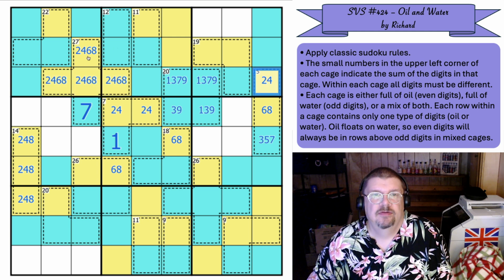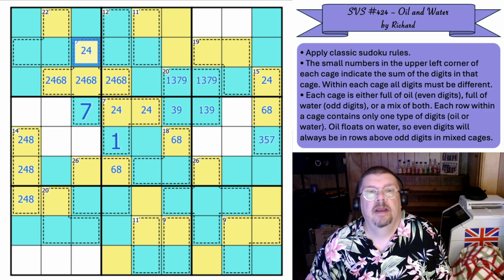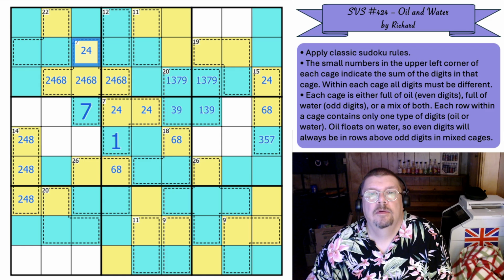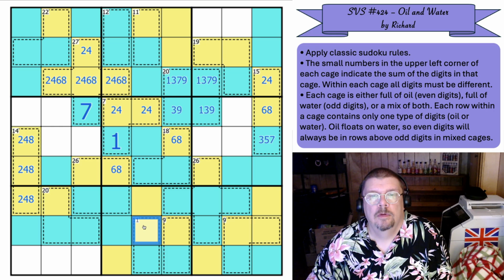Or another way of saying it is this digit is the same as this digit. Okay. All right. Where next? Okay.